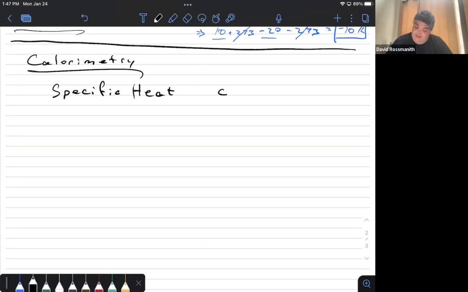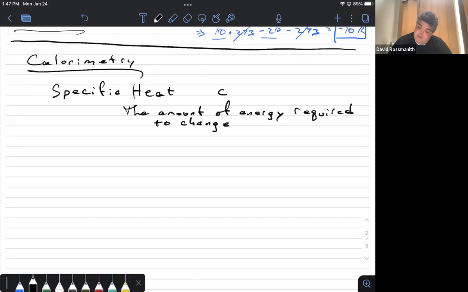And so what is it? It's the amount of energy required to change the temperature. And now this part is important.